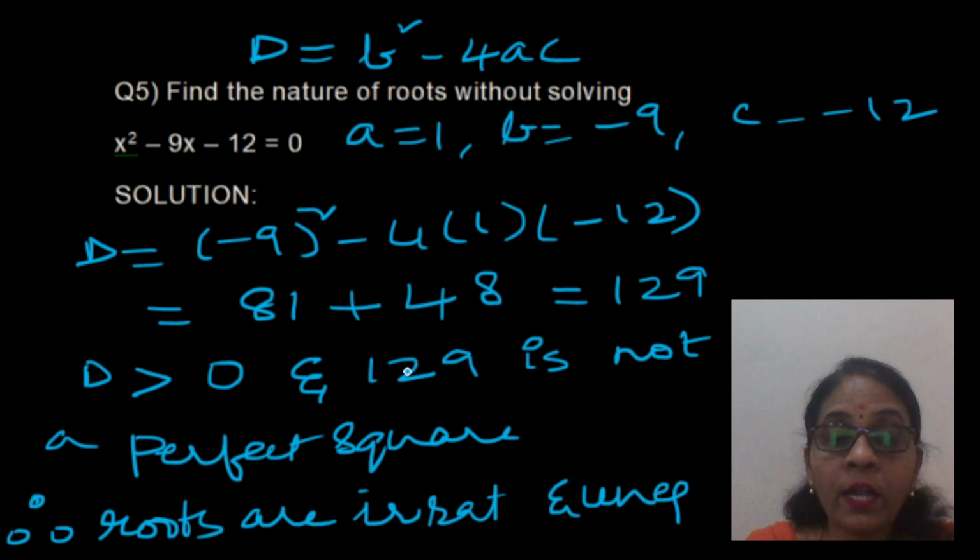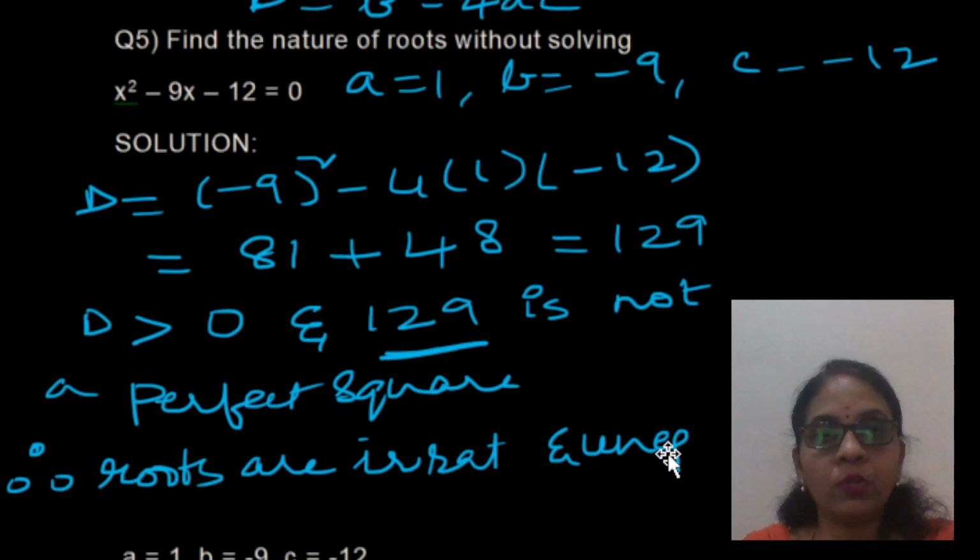If it was 125, then also irrational and unequal. If it was 64, you will write the answer as rational and unequal. Depending upon whether it is a perfect square or not, the rationality or irrationality is what is to be mentioned. For greater than 0, you will always get unequal roots.